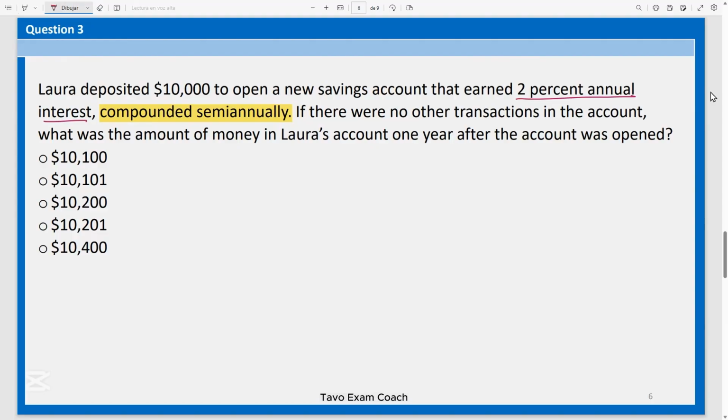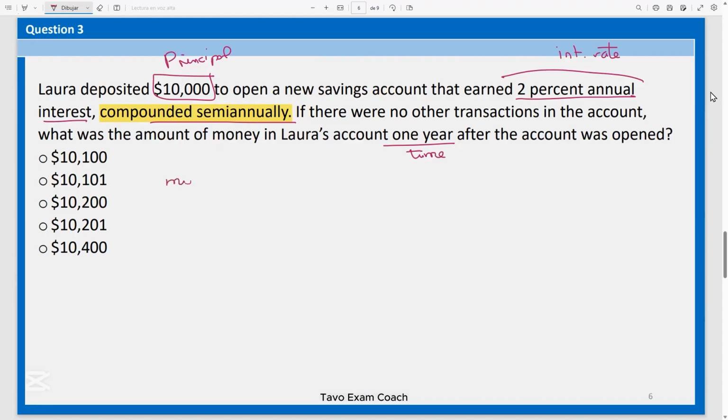So we have our interest rate, we have the frequency of interest accumulation, we have our principal, and the duration of the investment is 1 year. Okay, so using this, we can generate all the terms we need in the formula.